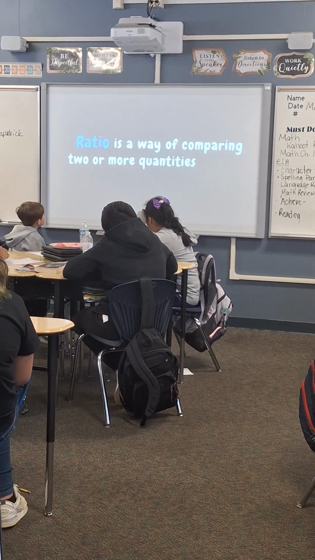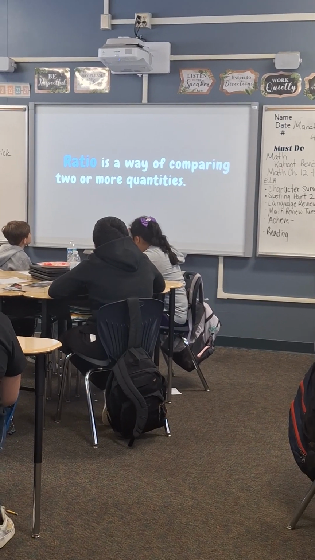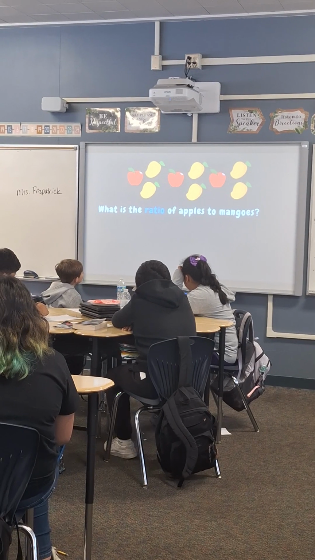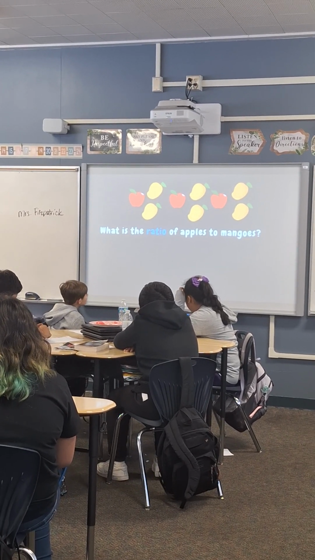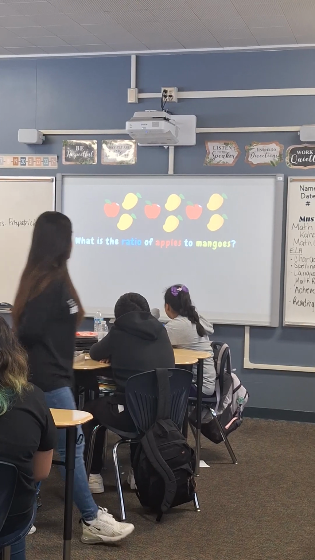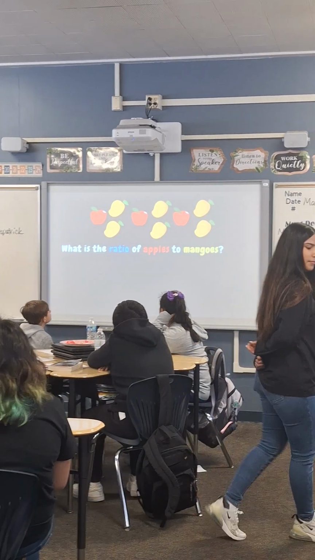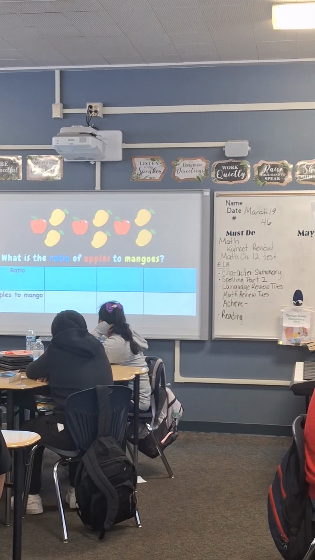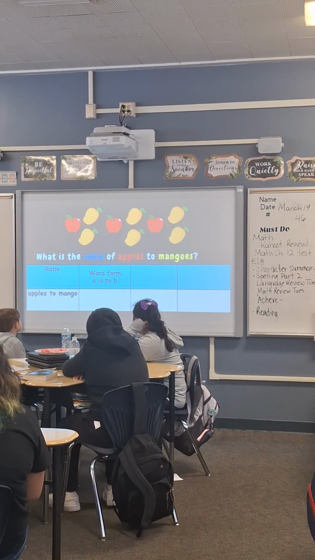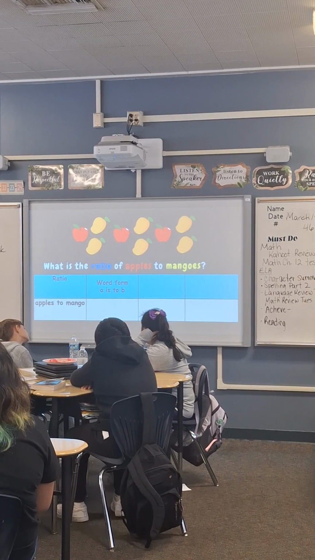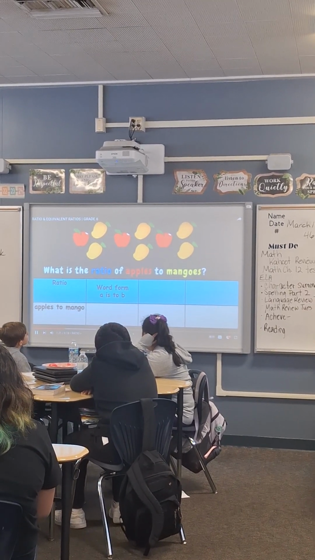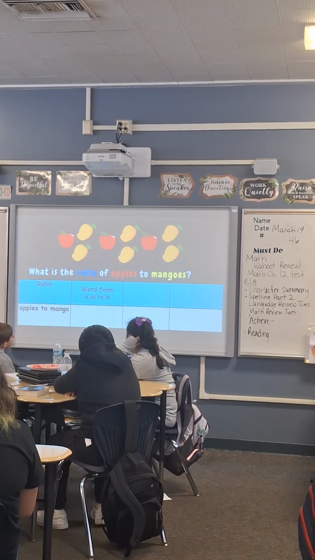Well, ratio is a way of comparing 2 or more quantities. Here we are asked to get the ratio, or compare the quantity or number of apples to mangoes. We have 3 ways of writing a ratio. The first one is the word form, which is A is to B. Here, we are going to count first the first item, which is the apples.